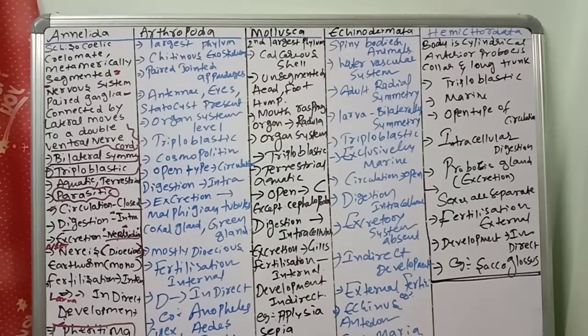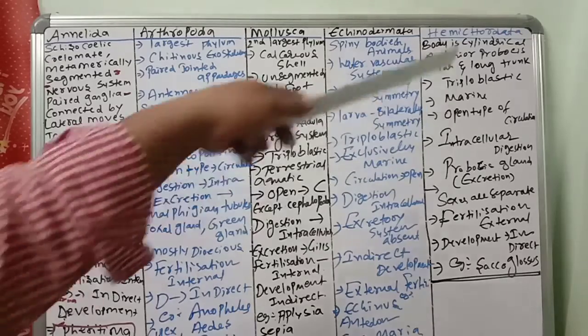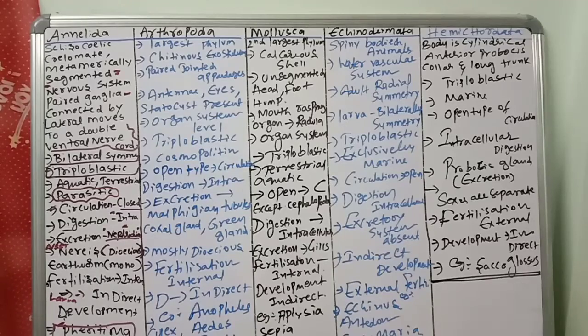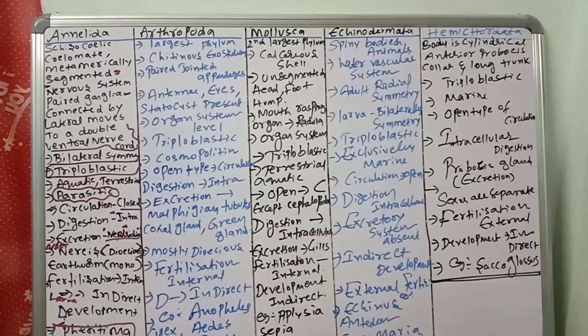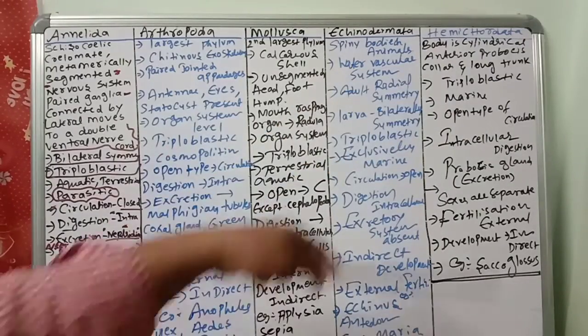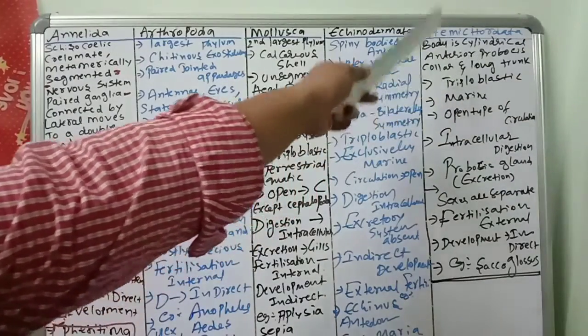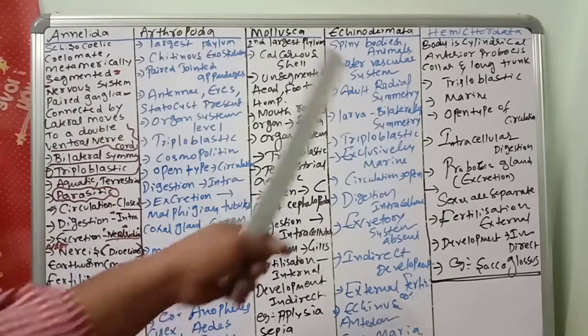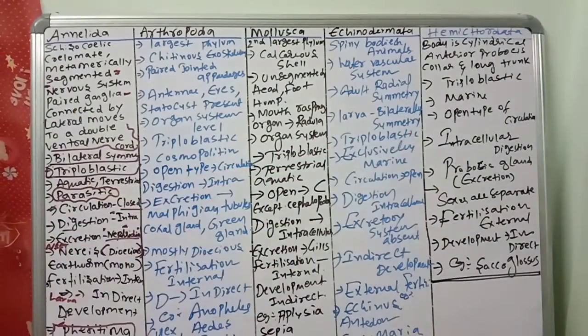You know very well it was first a subphylum in the vertebrates, but it later changed into a phylum of invertebrates. So what are the characters of Hemichordata? Body is cylindrical, with an anterior proboscis, collar, and long trunk.